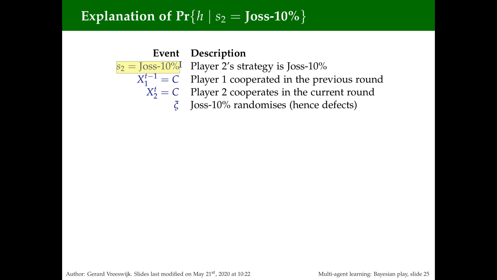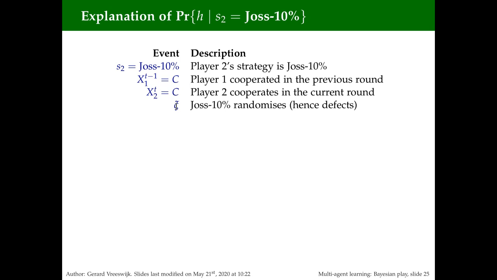This is the event that indeed player 2's strategy is Joss 10%. This is the event that the first player cooperated in the previous round. This is the event that the opponent cooperates in the current round.